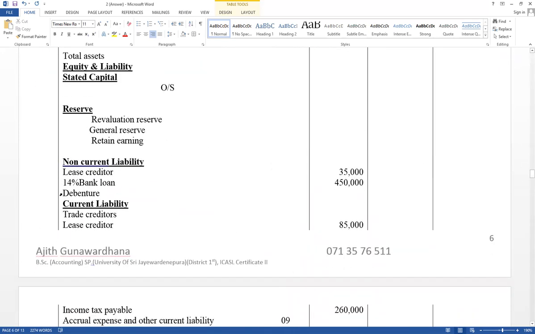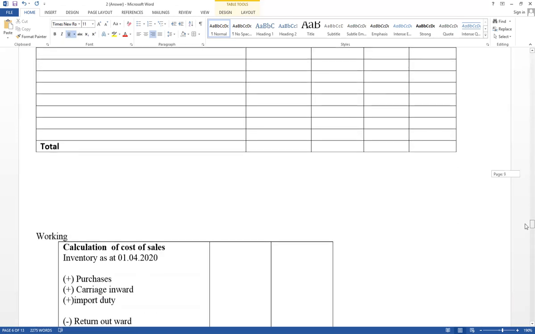First, the debenture should be included under non-current liability: 520,000. It has given the debenture percentage, 19%. Debenture value equals 520,000. Then the debenture interest should be calculated. That is a finance expense.